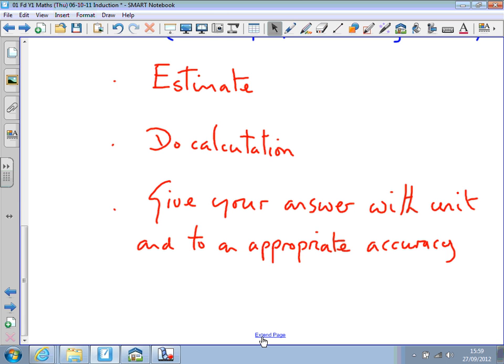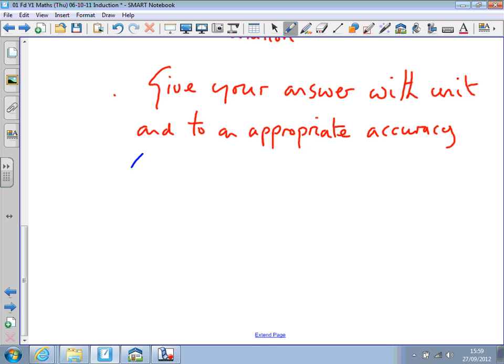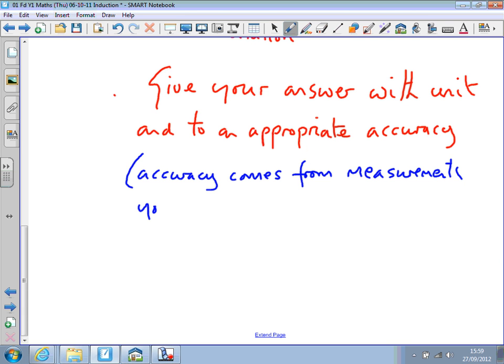So the accuracy comes from the measurements you put into the calculator.